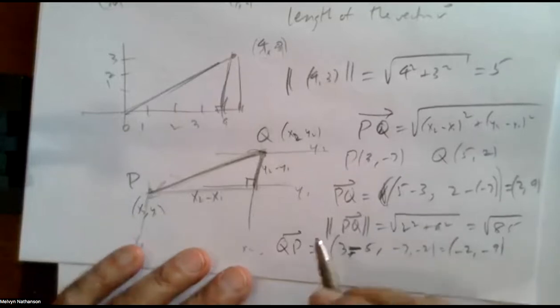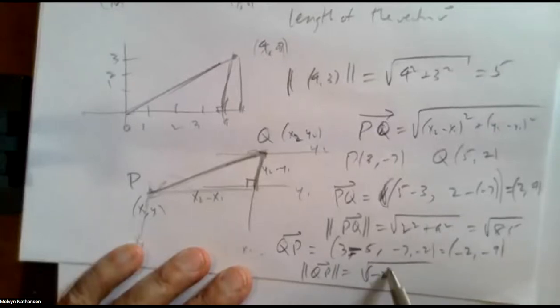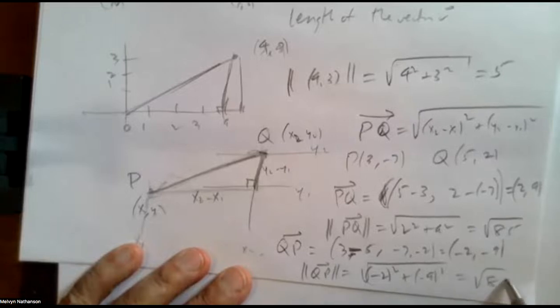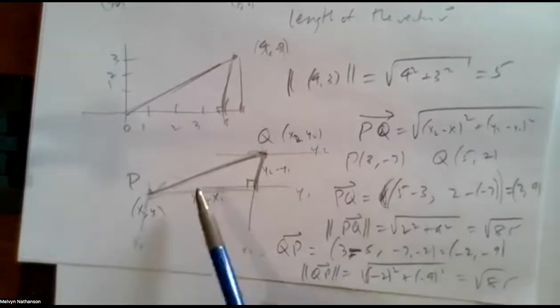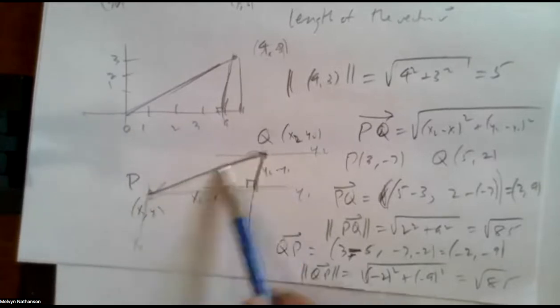And again, the length of QP will be the square root of (-2) squared plus (-9) squared, and that still is the square root of 85. Because if you look at the vector from P to Q and the vector from Q to P, they're pointing in opposite directions, but the absolute value, or the magnitude or the length of the vector, doesn't change.